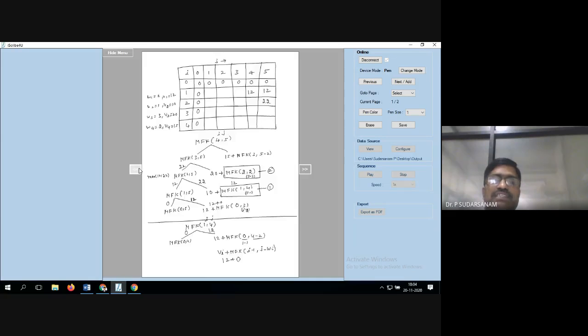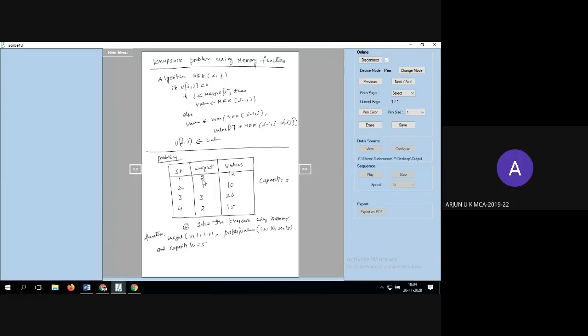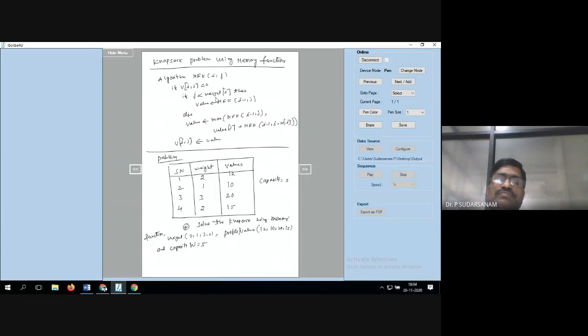Now what is the condition? Come to the loop here: I is nothing but, j is how much? 1, sir. 1 less than w of 1. W of 1 is how much? 2, it is there. 1 less than 2. Okay, sir, I got it, the condition is true.